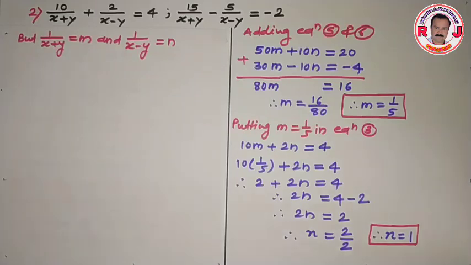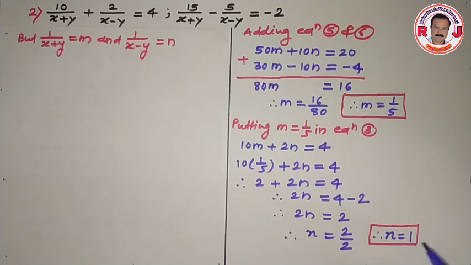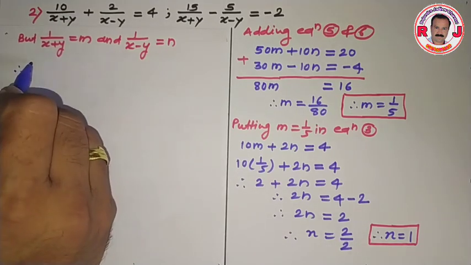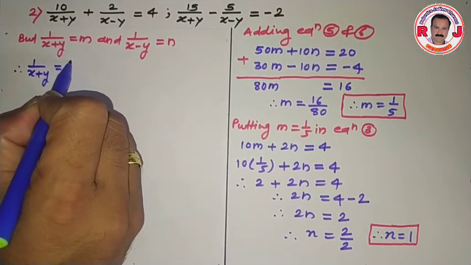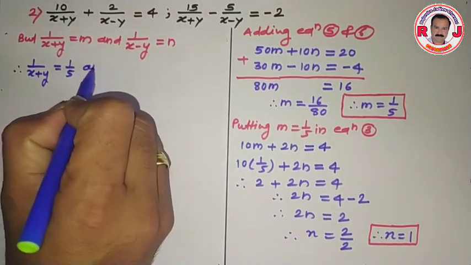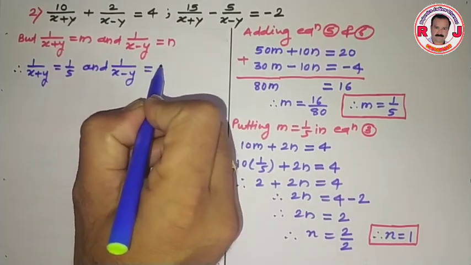Put the values of m and n: m is 1/5 and n is equal to 1. 1/x plus y is equal to 1/5 and 1/x minus y is equal to 1.